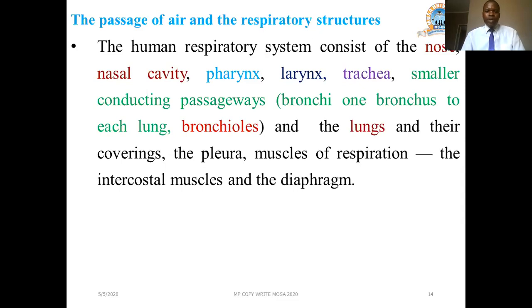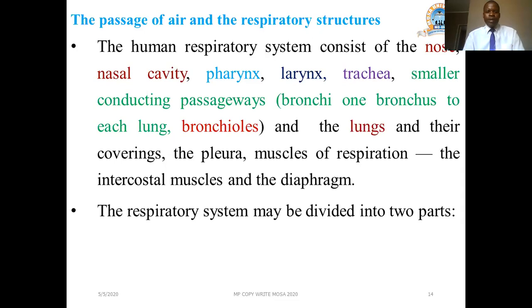So what we've described here are the structures that make up the respiratory system.